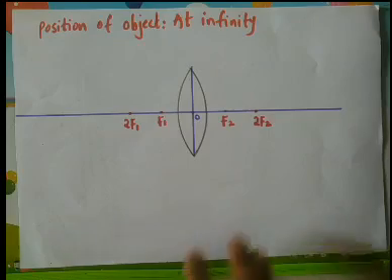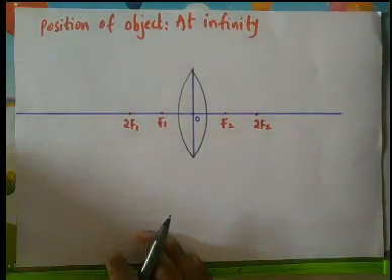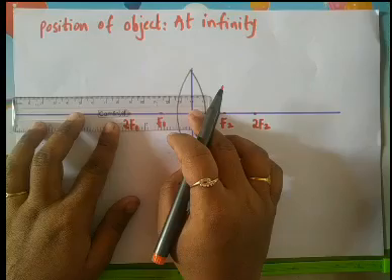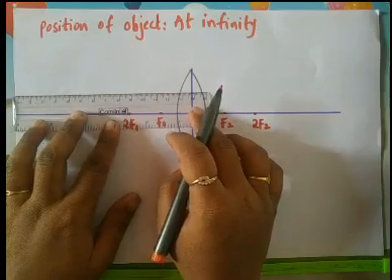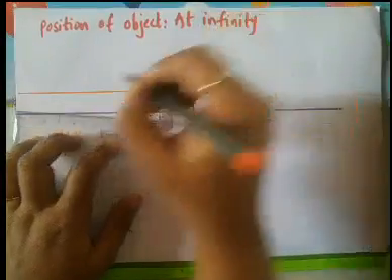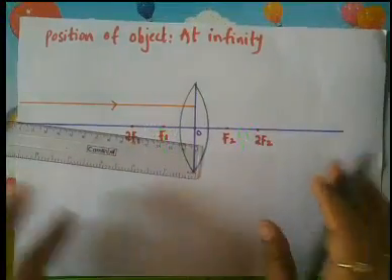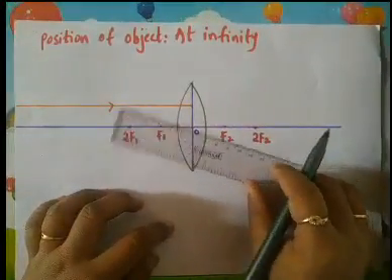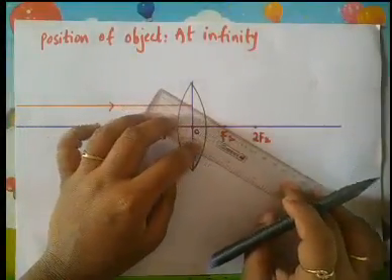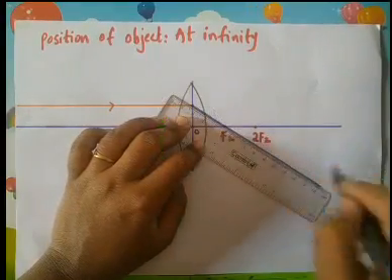So I have told you that whenever an object is at infinity, the light rays coming from that object would be parallel to the principal axis. So suppose a light ray is coming parallel to the principal axis. This is the light ray coming from that object. So the refracted ray, by rule, will pass through the focus.